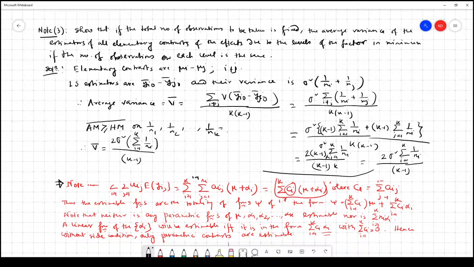So if you apply this value, then arithmetic mean means sum of 1 by ni by k, and harmonic mean is k by sum over i from 1 to k of ni.